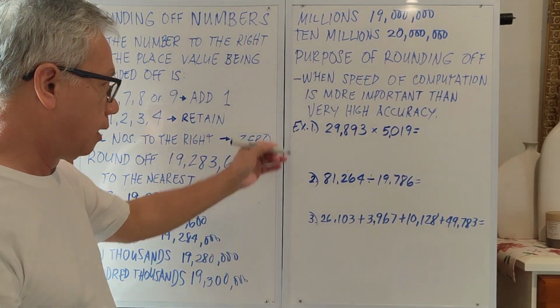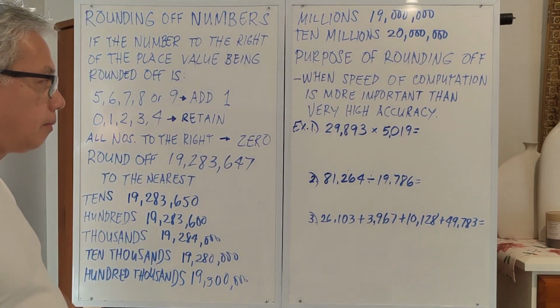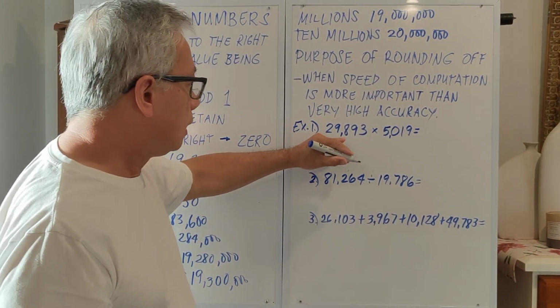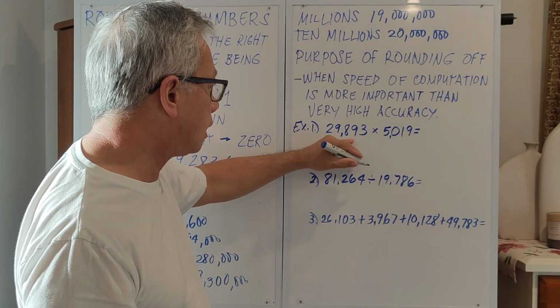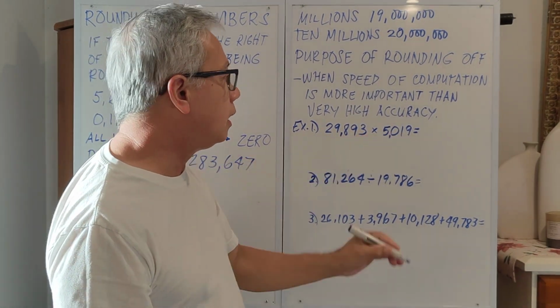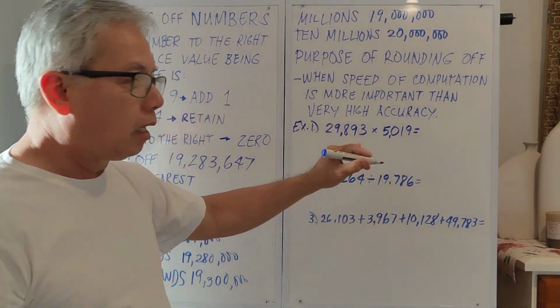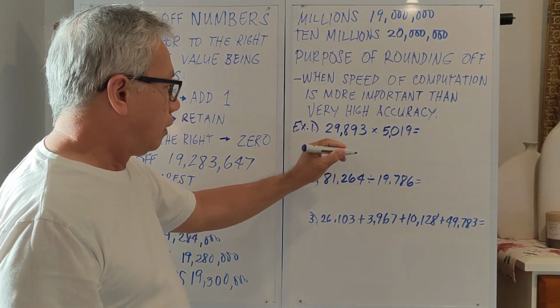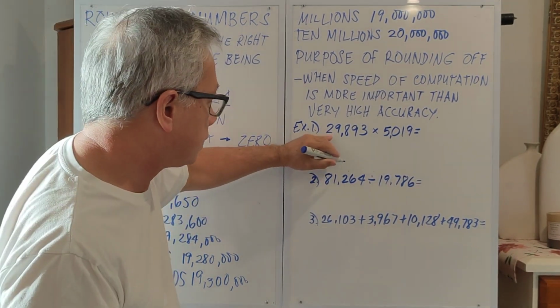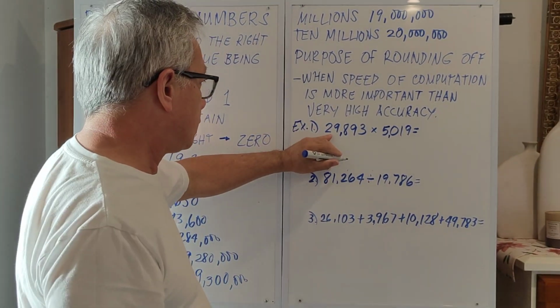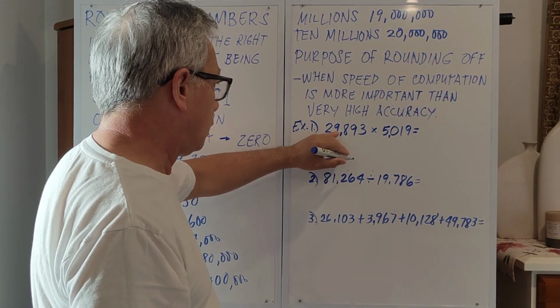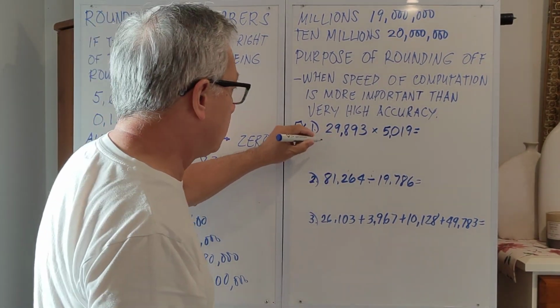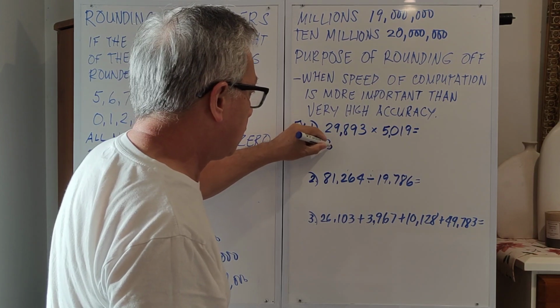The purpose of rounding off is when speed of computation is more important than very high accuracy. Here are examples. If we want to multiply 29,893 by 5,019, we can round both off to the nearest first digit only. So this is 2, the number next to it is 9, this one becomes 30,000.